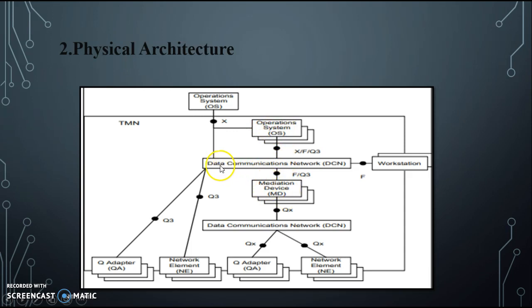So we term the data communication network as the physical equipment upon these functional blocks, where the functional elements like network elements, queue adapter function, the mediation devices and the workstations are connected via a data communication network, which enables the operation system to communicate with the operation system of the other TMN architecture.